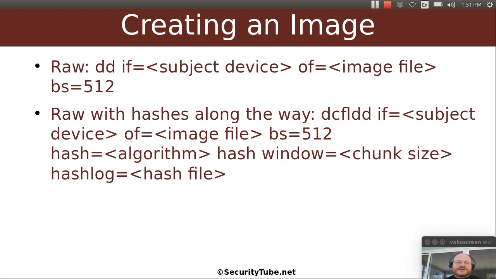So how do you create a raw format image? It's very simple to do. There is an ancient Unix utility called dd, which really just moves bits around.